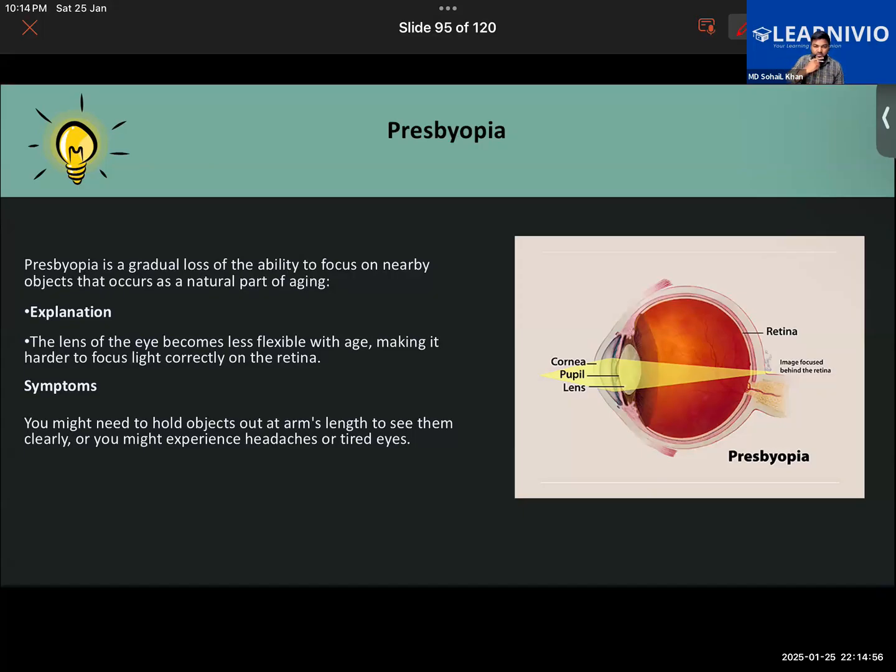In the case of presbyopia, as a part of the natural aging process, the ability of the eye to focus onto a nearby object is lost since the eye lens becomes less flexible. So nearby objects the person is not able to look at, but might be able to look at objects kept far away. Both share one similarity: in both conditions it leads to blurry vision and can make activities like reading a book very difficult.